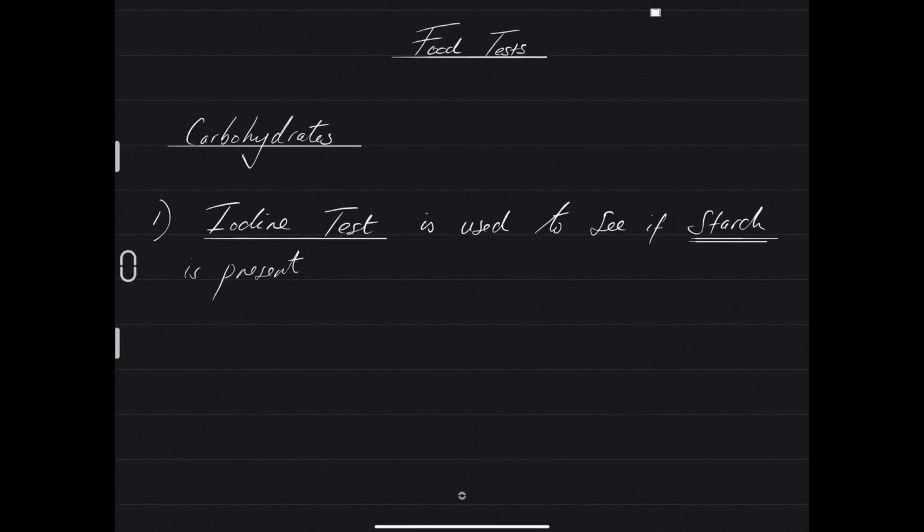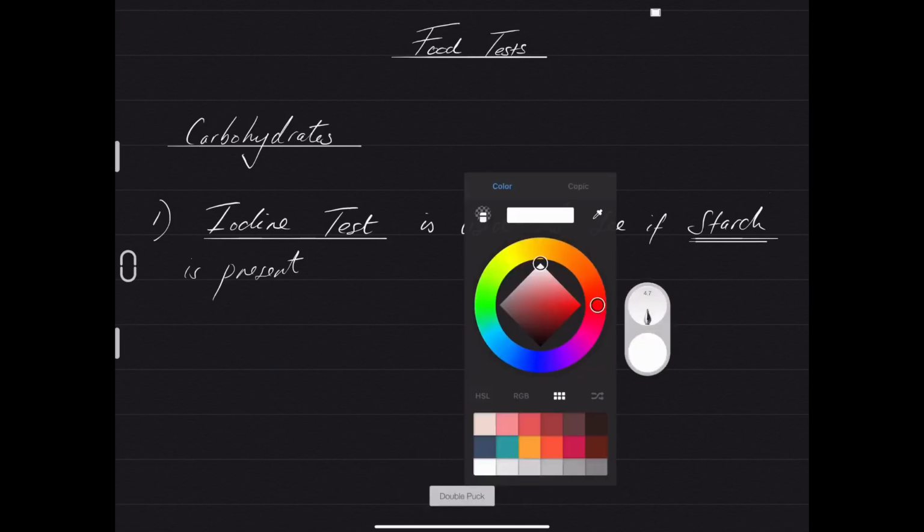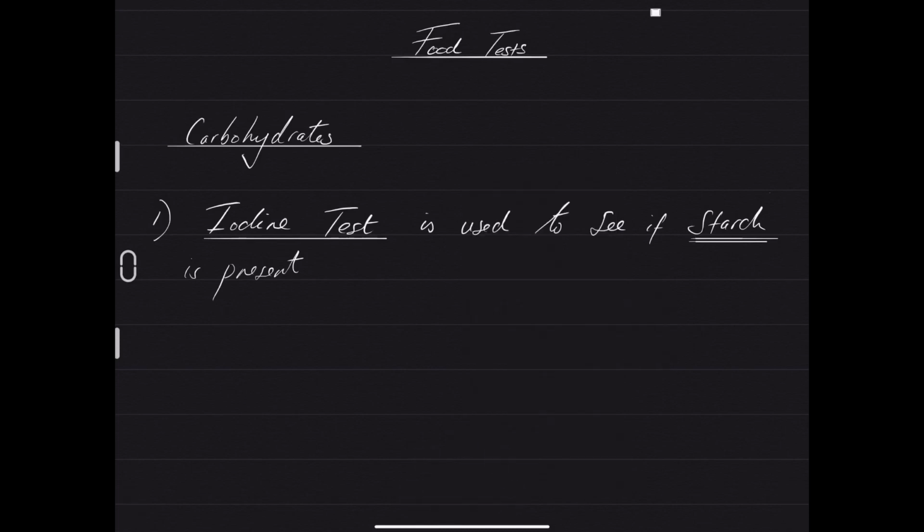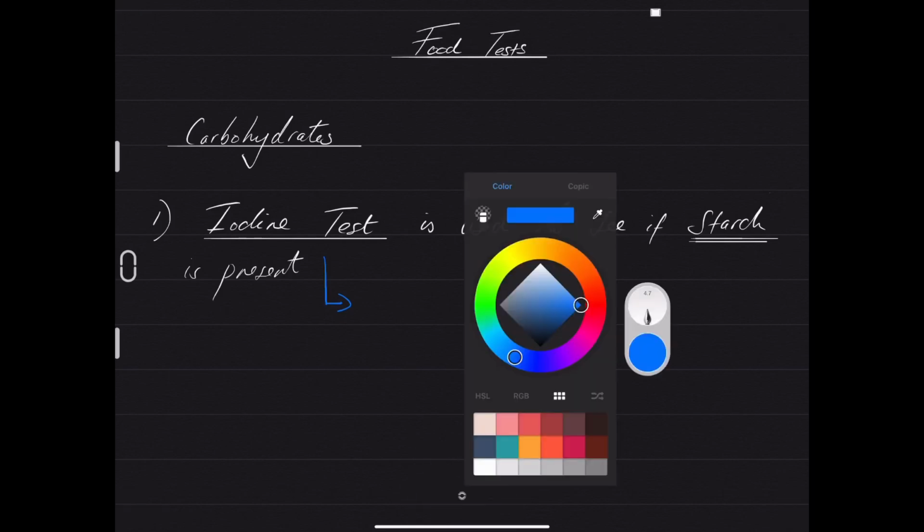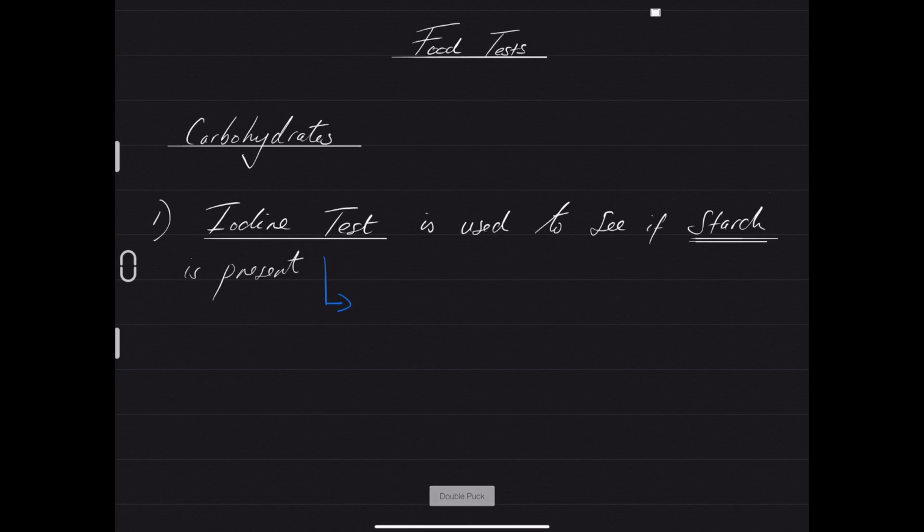Okay, now what is the result of the iodine test? So what is the observable result of the iodine test? Now, I'm just going to put this in another color. So the iodine test, what will happen is that, let's put it in orange. Yellow, let's say yellow or red iodine.